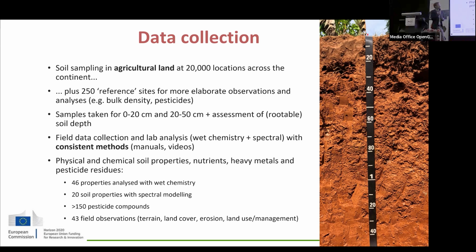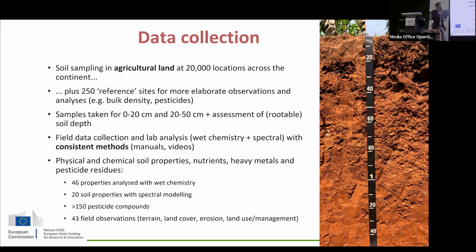Field data and the lab analyses, we analyze with wet chemistry as well as spectroscopy with consistent methods. And we provide the surveys, manuals, SOPs, but we also provide videos with instructions for data collection. We analyze a large set of properties: physical and chemical properties, nutrients, heavy metals, pesticide residues.